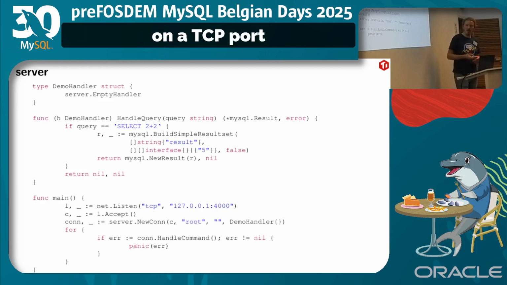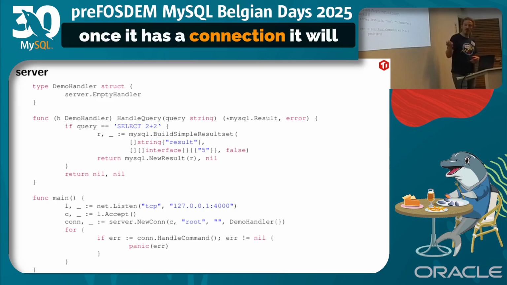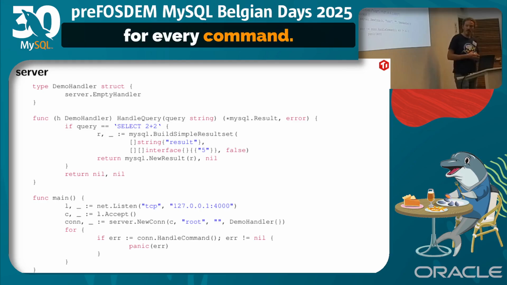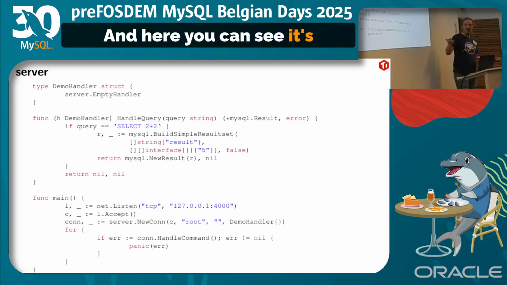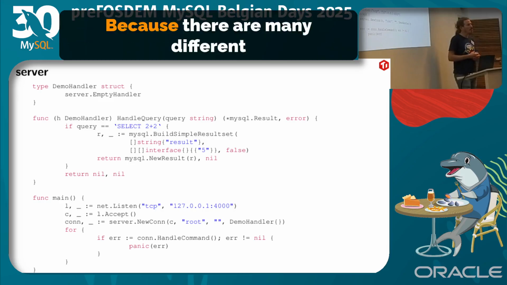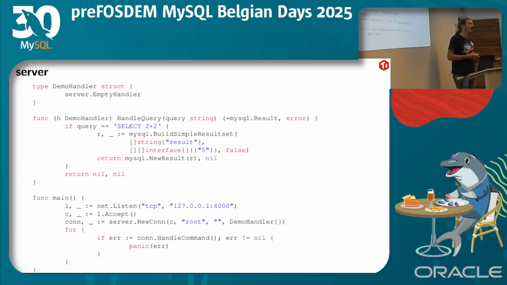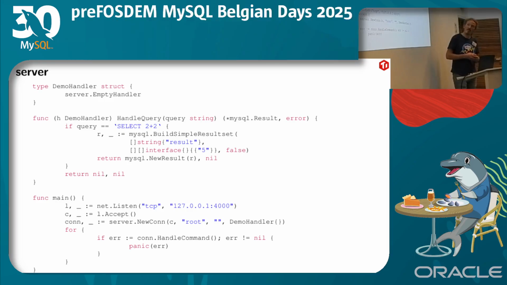We tell it to listen on a TCP port and accept connections, and once it has a connection, it will call the handle command method for every command. Here you can see it's handle command, and on top it's handle query, because there are many different kinds of commands. A query is just one kind of command that's implemented.